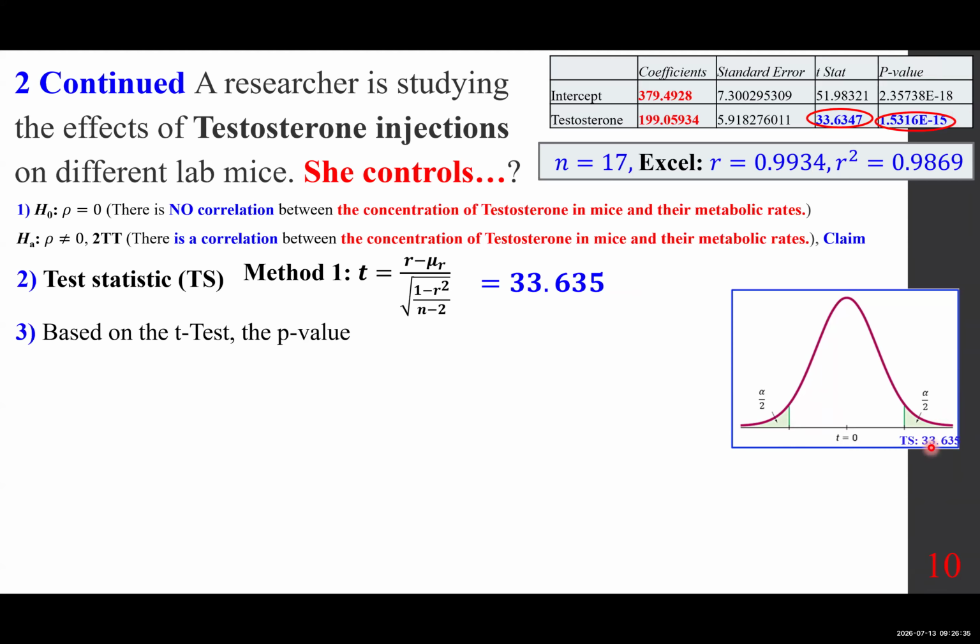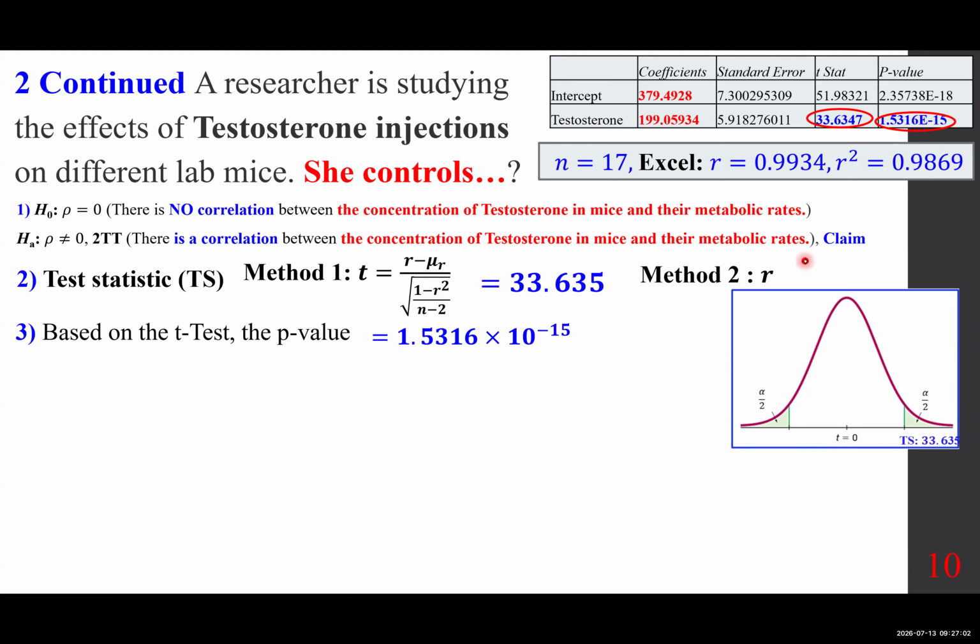It's way into the right side, way into the rejection region. 1.5316 times 10 to the power of -15, e minus 15. That means this decimal, start counting 1, 2, 3, 4, all the way to 15 and put a decimal. So practically it is 0.